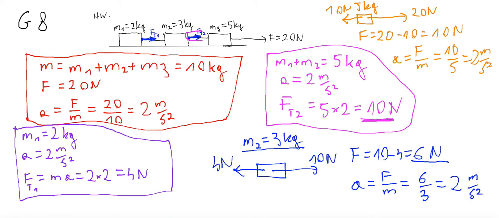Remember that this string acts on two masses, on m3 and on m2 and m1, because m3 and m1 are connected together. Okay, so finally at the very end, what is the answer? Tension Ft1, tension of first string, is 4 newtons, and tension Ft2, tension of second string, is 10 newtons.